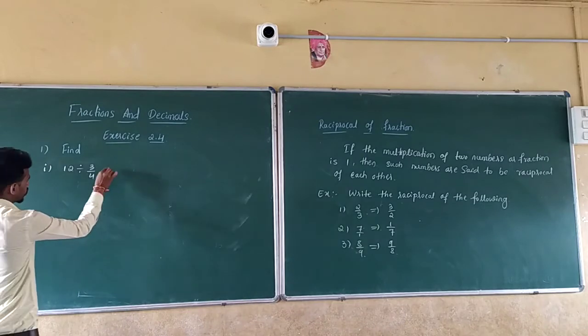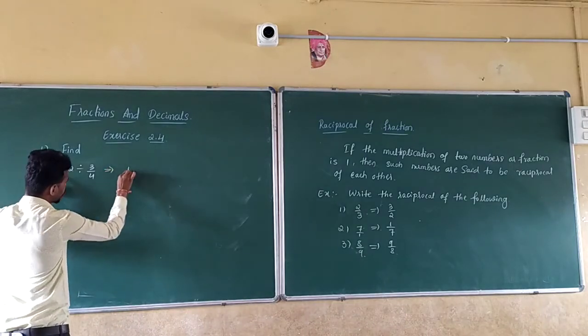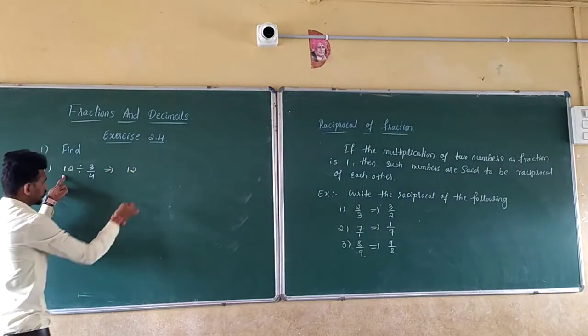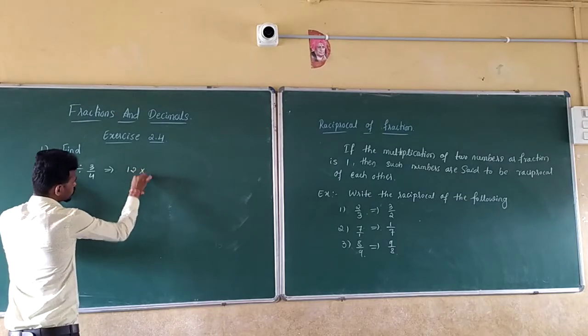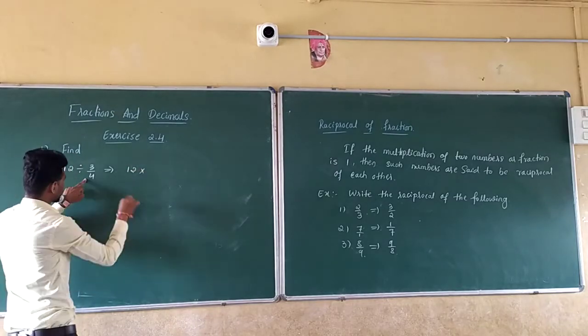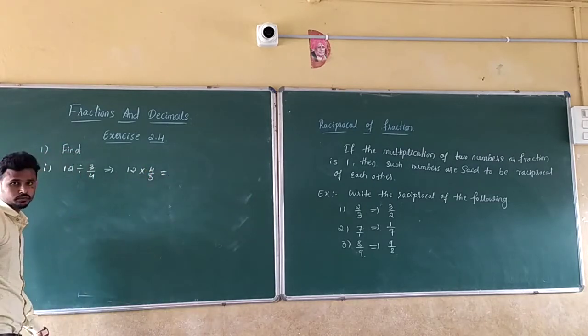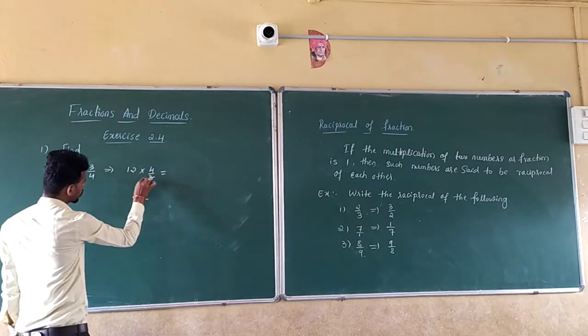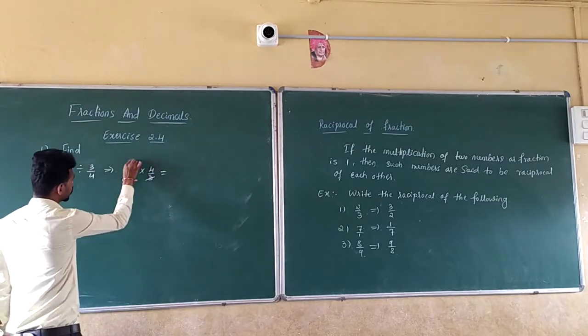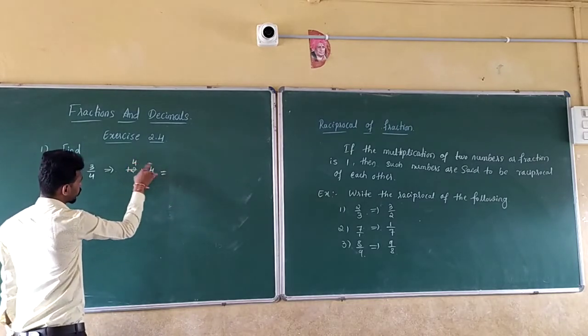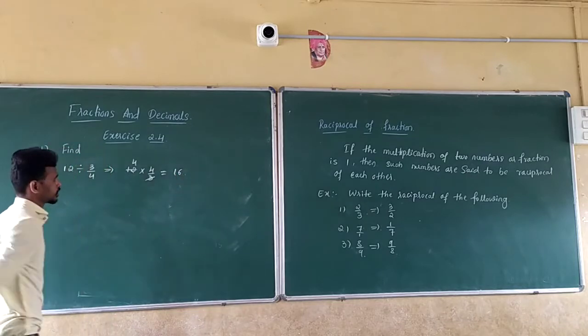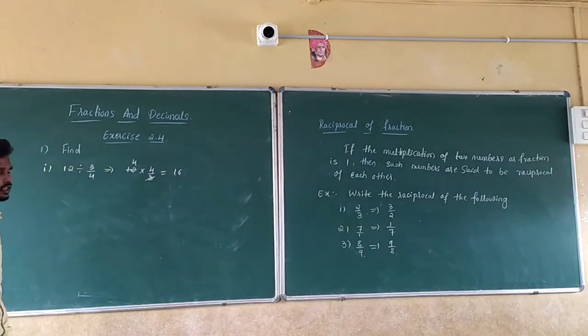So how can we solve this one? Keep the first number as it is. Division will become multiplication, and reverse the second number, that is 4 by 3. So what do we get? 3 ones are 3, 4 fours are 16. So the answer is 16.